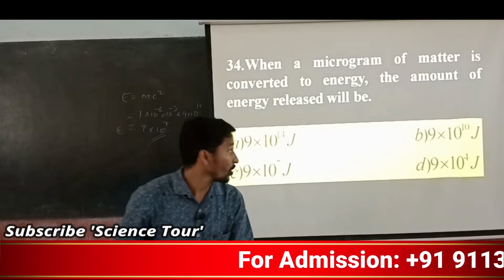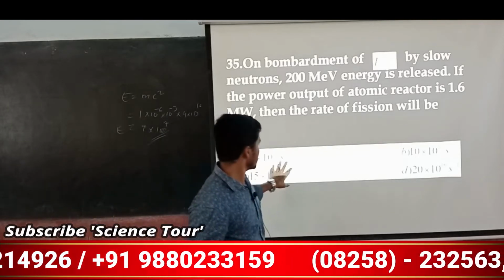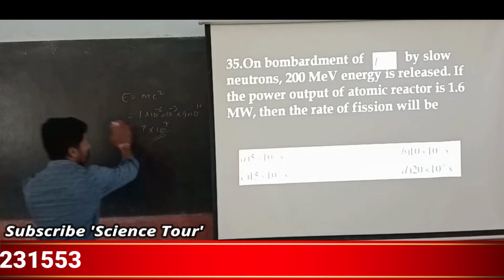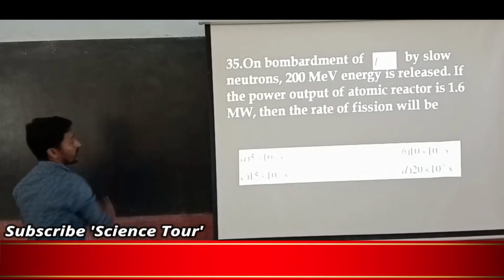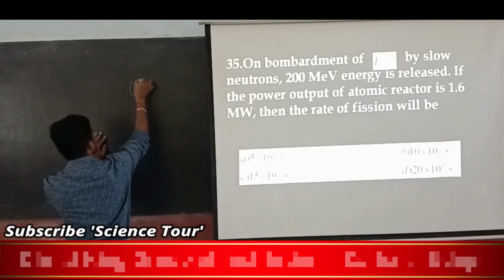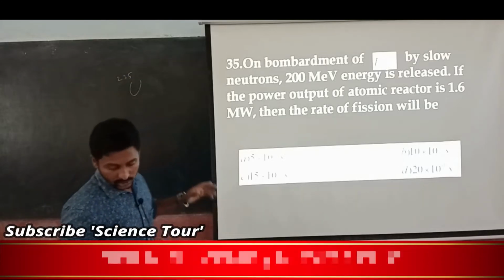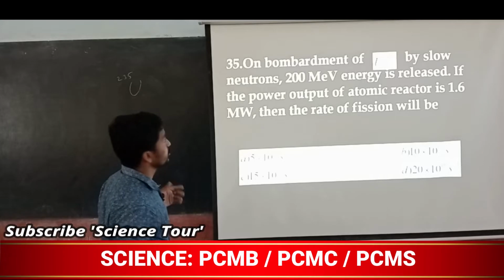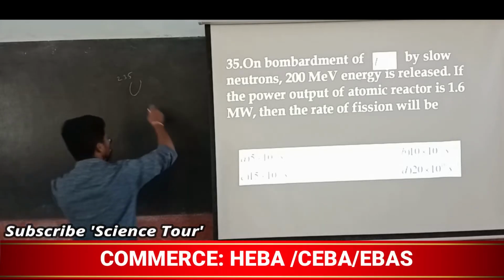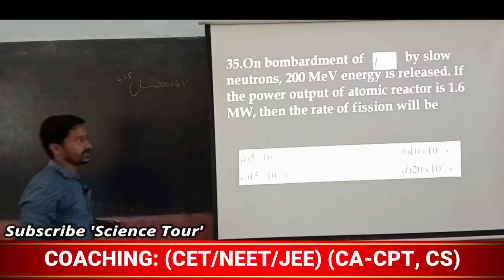Next we are going to talk about another question. I hope you are able to look at this on the screen. If not, I am going to write down the question or answers. See, on bombardment of uranium 235 by slow moving neutrons, 200 MeV amount of energy is released.